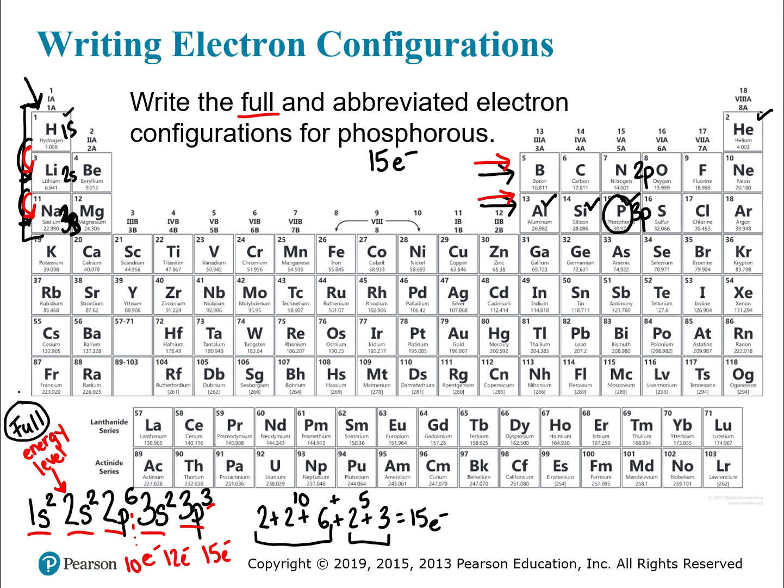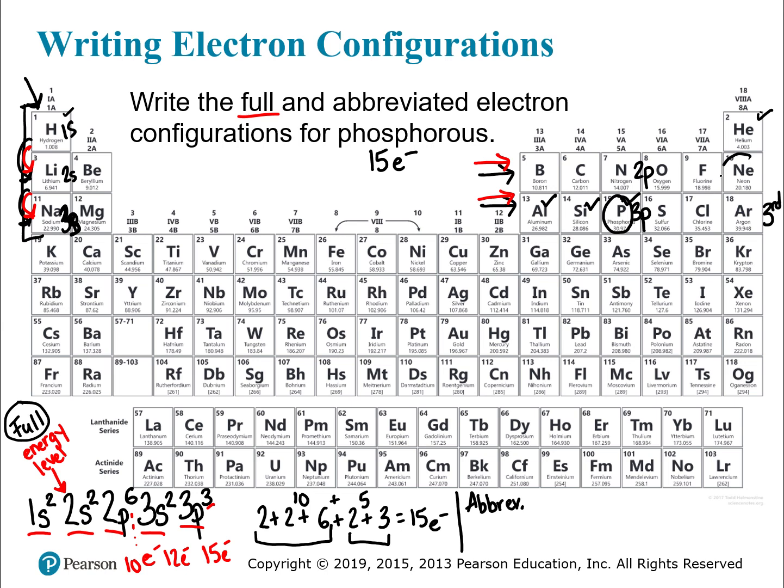We still have to do the abbreviated configuration. The abbreviated one is a bit easier. We know that phosphorus is in the third period. The abbreviated configuration uses the noble gases to take up all of the complete rows.